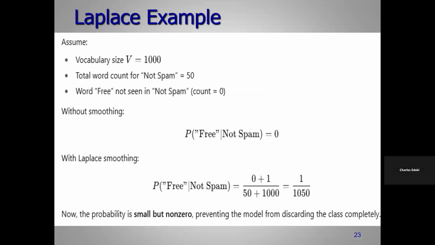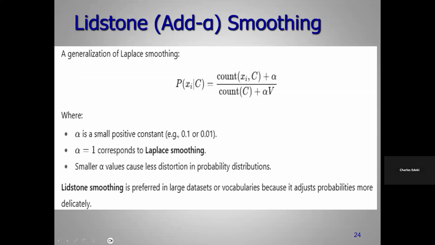Wait a few seconds. If no question, let's move on. So the next one is the Lidstone smoothing. You can see that instead of 1, we are using alpha and also alpha times V. But here we have to be very, very careful, because the alpha value, whether small or large, may have an effect also.